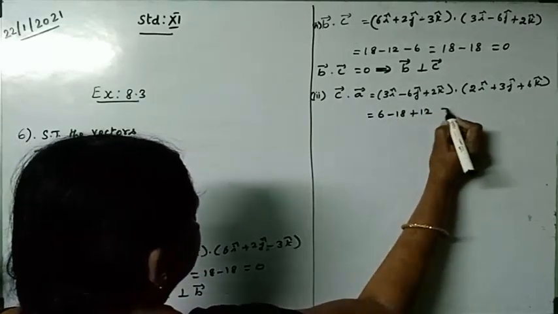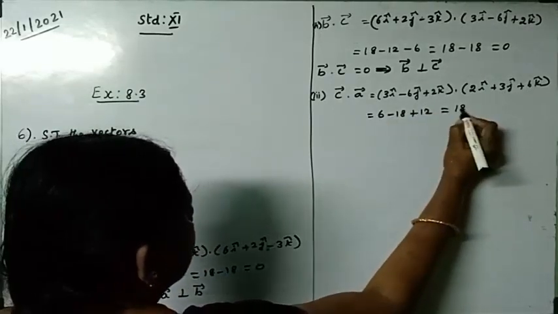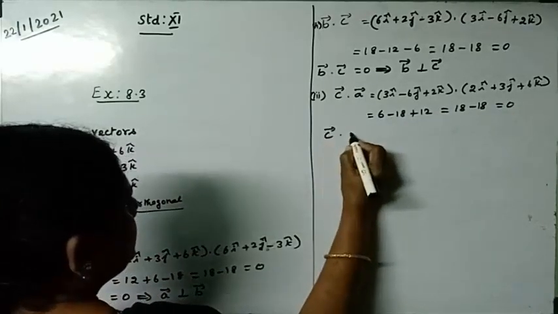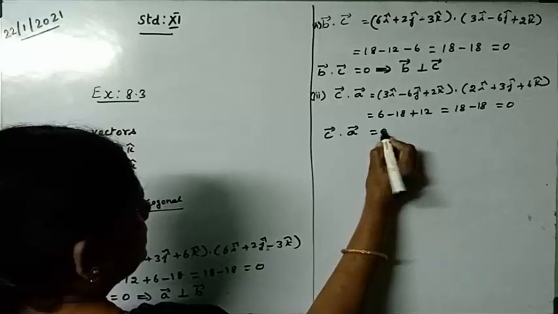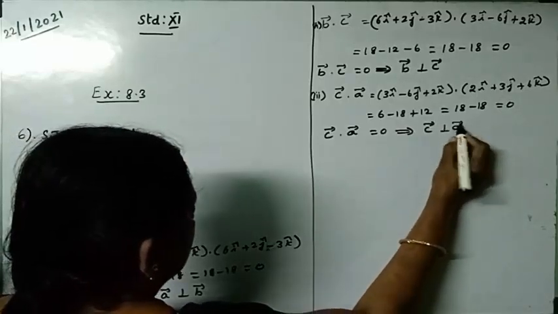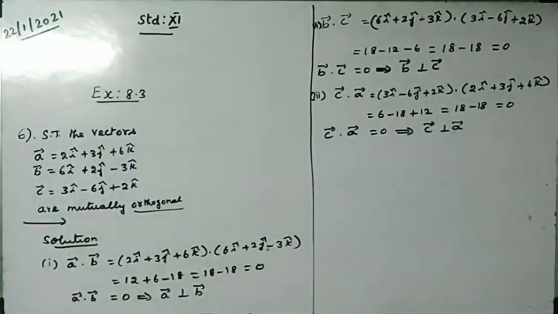Now 6 plus 12 is 18, 18 minus 18 is equal to 0. So I can say C vector dot A vector is equal to 0, which implies C vector is perpendicular to A vector. So what we got? A vector is perpendicular to B vector, B vector is perpendicular to C vector, C vector is perpendicular to A vector.